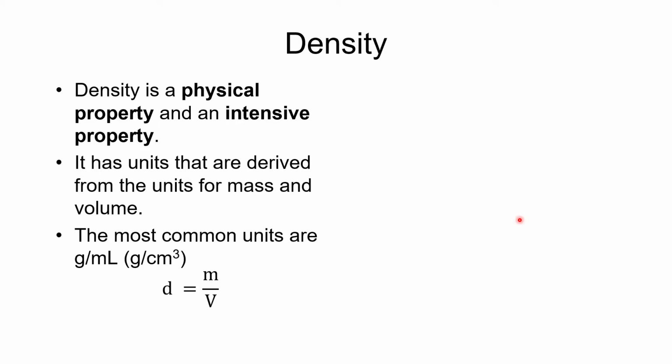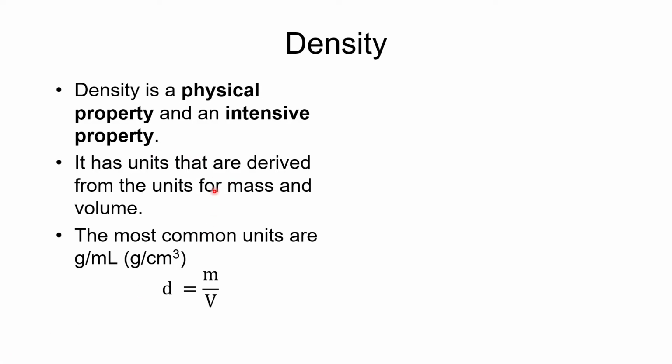Our next thing that we're going to be looking at is density. With density, we're going to be looking at how we do the calculations, and we'll be looking at the measurement itself. It is a physical property and an intensive property. So you can measure density without changing the chemical. And since it's an intensive property, that means that it is independent of the amount of substance.